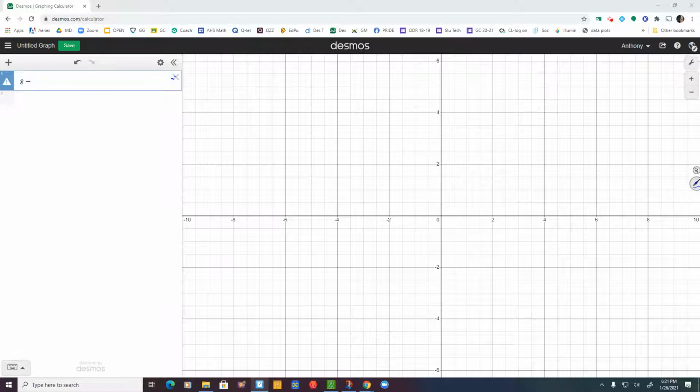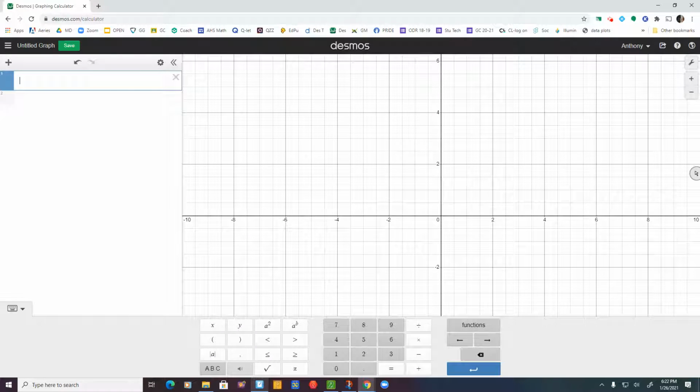Here in Desmos, you go to -4 divided by 3. There's your -4/3. Arrow to the right, divided by 4. It gives it to me as this thing here.